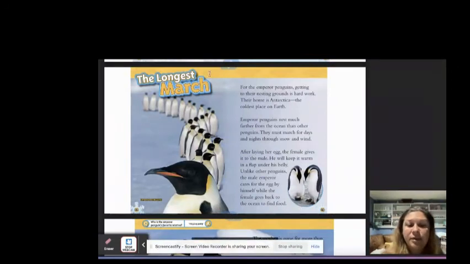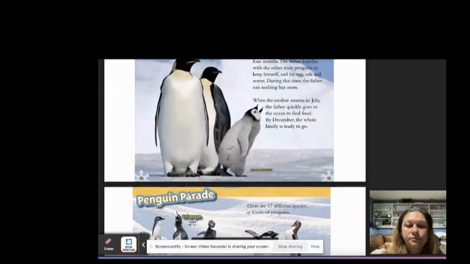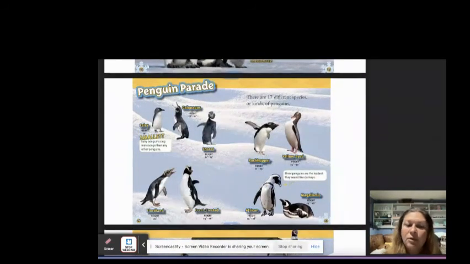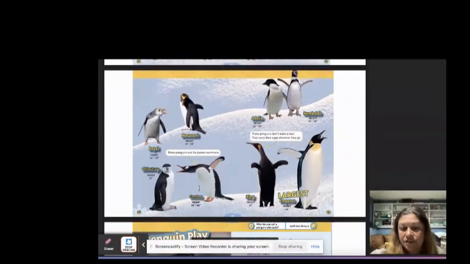And this picture portrays exactly what the author is trying to portray to you about penguins marching and the longest march. And then here we have a penguin parade where it shows you the different types of species or kinds of penguins, from smallest to largest.